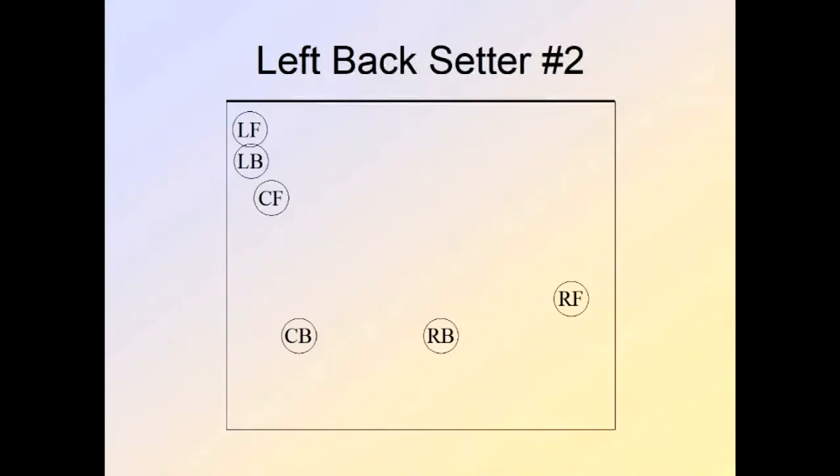In this positioning, we've pushed the left front up to the left corner. The left back setter is properly behind the left front player, and the center front player then is up in the left corner with the left front and the left back, and the center back is now in a major passing role in the back court center back.